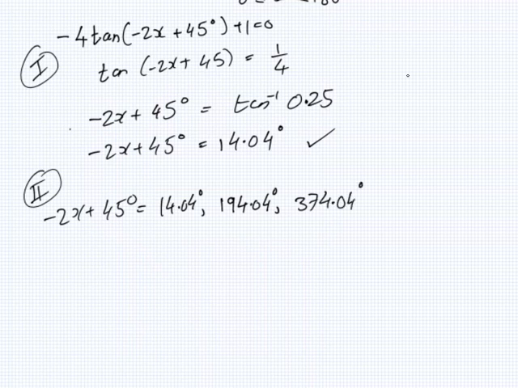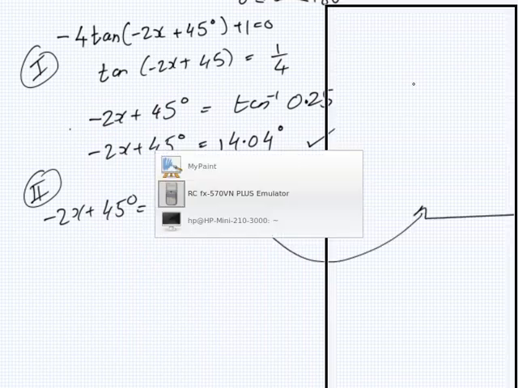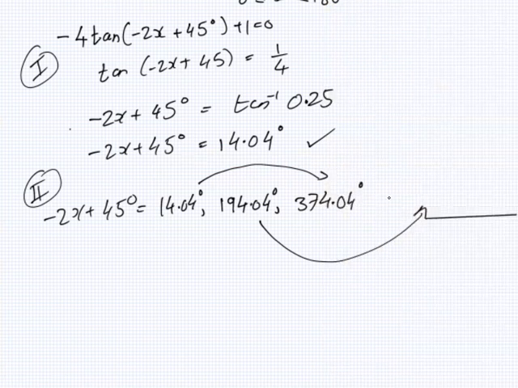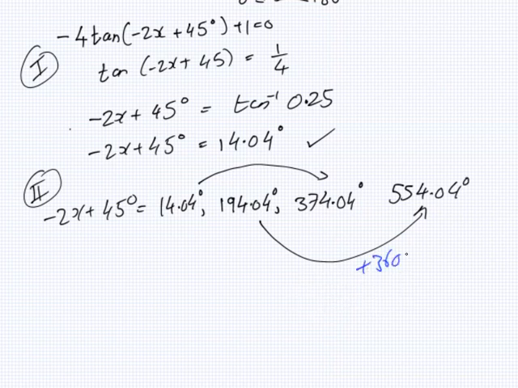Then we add 360 onto that, and then onto the next one. So the next one will be 554.04 degrees plus 360 plus 360. Great. Step 3, simplify.